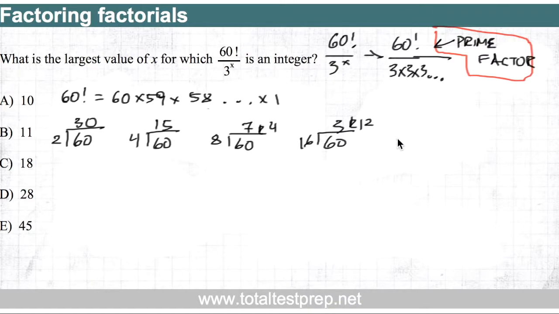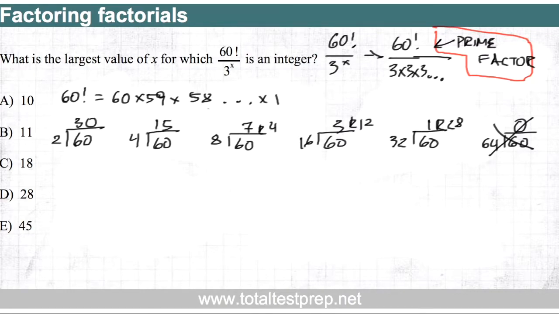As you see the pattern, how many times does 2 to the 5th go into 60? 2 to the 5th is 32. 32 goes into 60 just once with a remainder of 28. And finally, how many times does 2 to the 6th go into 60? The reason I say finally is because 2 to the 6th is bigger than 60. 64 goes into 60 0 times. When we hit 0, we stop.